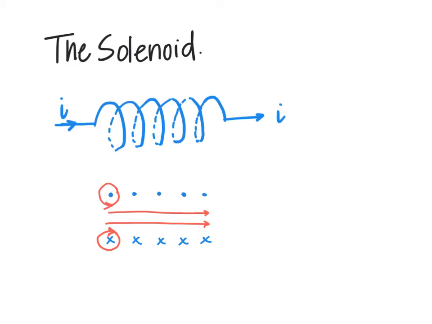Now, the magnetic field outside of the wires is considered very weak comparatively, because these are all superimposed in here to be very, very strong. We've got all of these rings of current carrying wire, and they're creating magnetic field, and this one and this one.